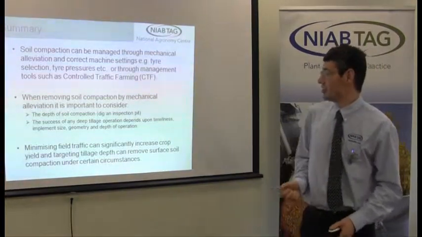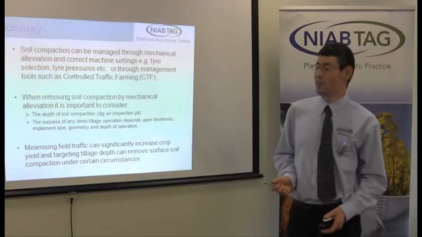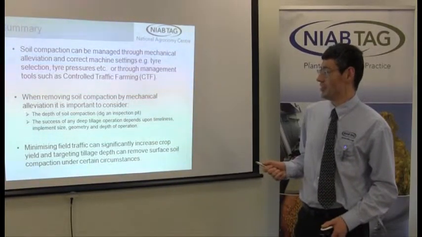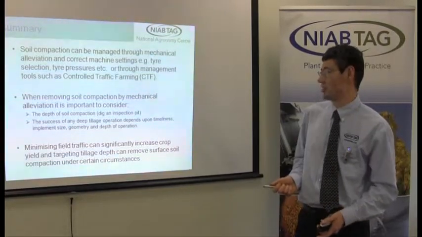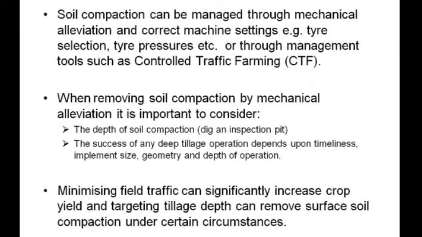So just to summarise, we can actually manage soil compaction through a range of different approaches, whether that's through machine settings, tyre pressures, or systems such as controlled traffic farming.